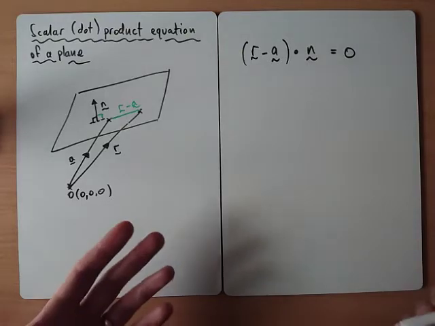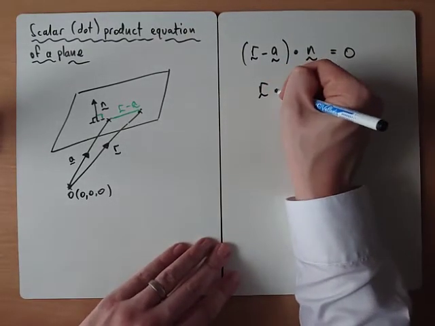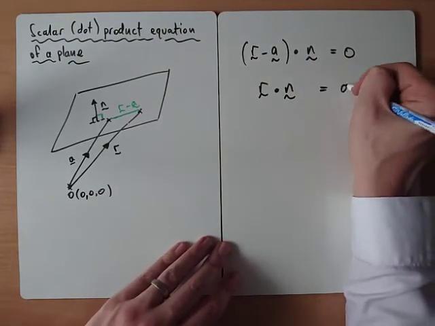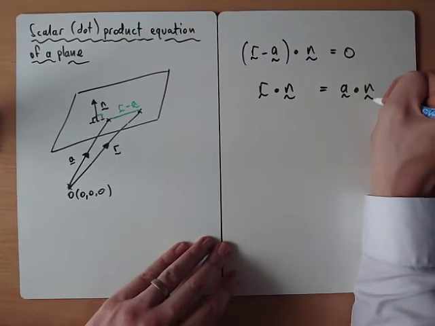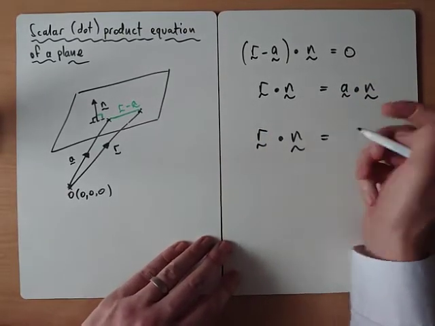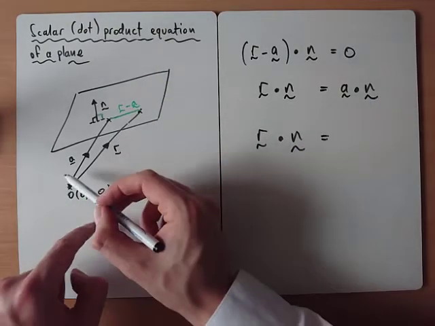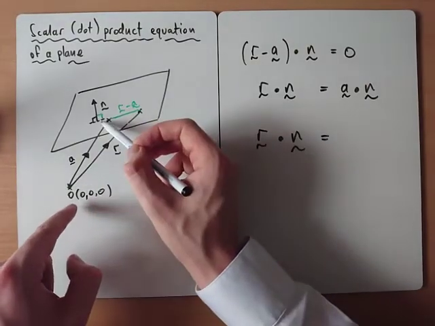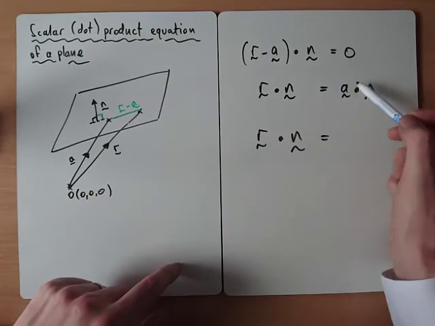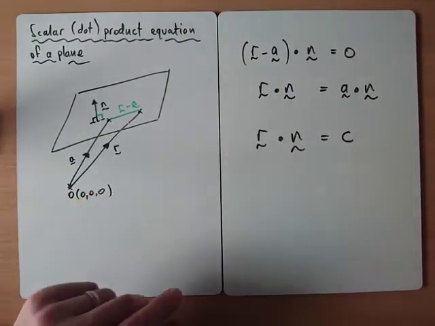Okay, so that gives us another version. You might see this written as R dot N equals A dot N. And if you do see it written in this form, don't forget that when we do a dot product of two numerical vectors, A would just be a point in the plane, and N would be the perpendicular. So what we end up with on the right hand side is a constant. It's not a vector.